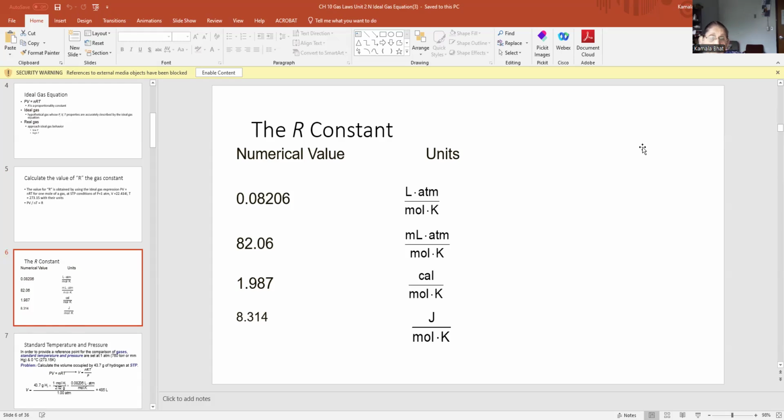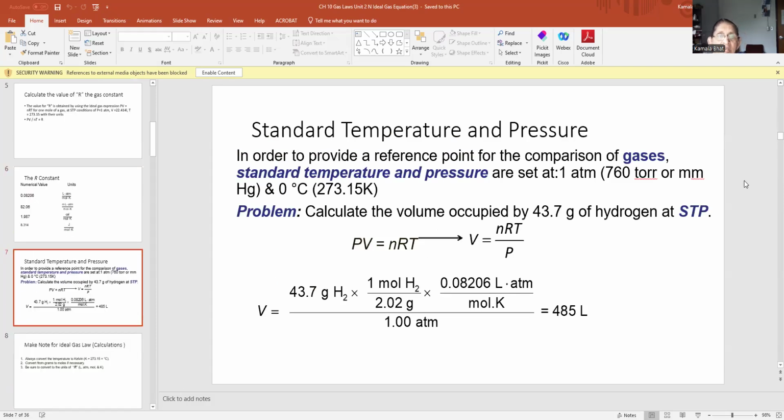If it is calories per mole Kelvin, then it is 1.987. And if it is joules per mole Kelvin, that is 8.314. These values of R are important as we go along, because we have to use the gas constant many times for different calculations.